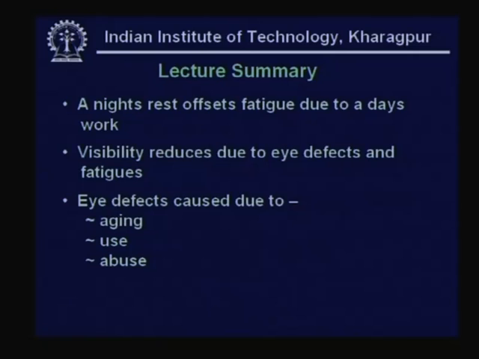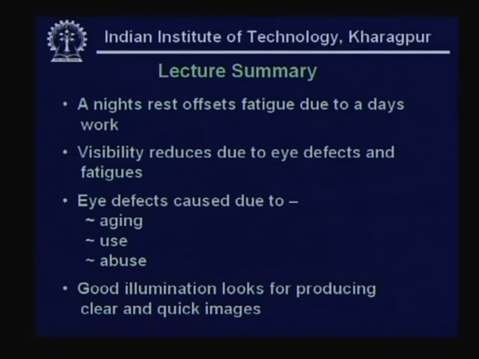The eye defects, as covered in the lecture, are due to aging, which is natural, as most systems age with time, and due to use there is also some aging. Abuse is one reason for most things to become defective.